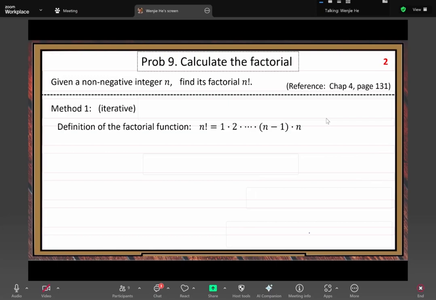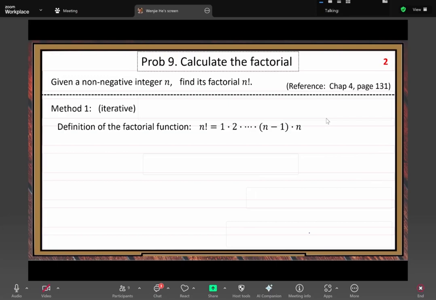But if we want to use recursion to solve this problem, actually, it is not as good as the iterative way. So here I can tell you the conclusion: the iterative way is better than the recursive way here.